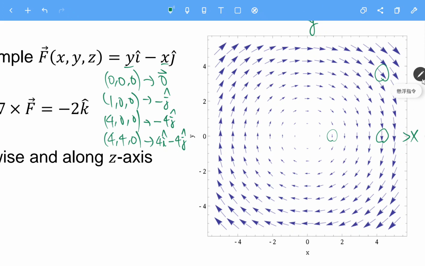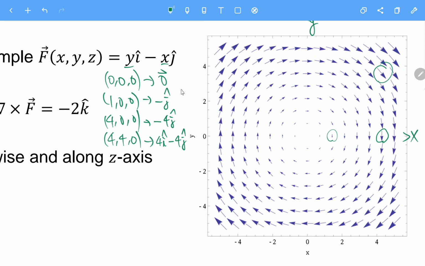So you can see this vector is like this. This is 4i, this is negative 4j. Okay, so this is correct.